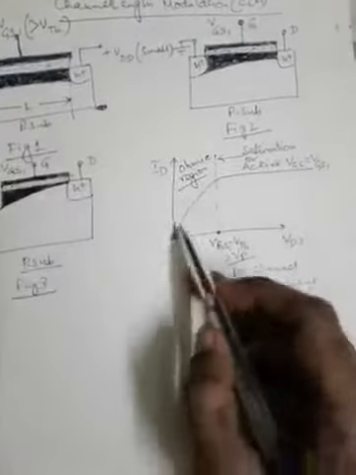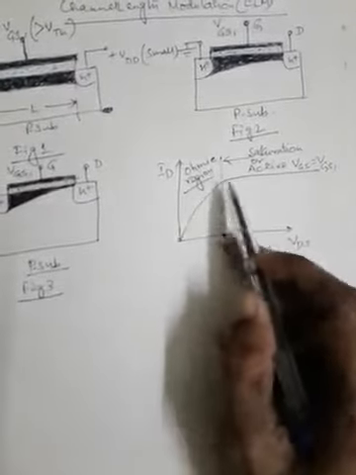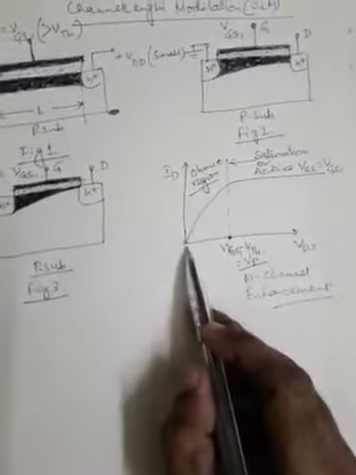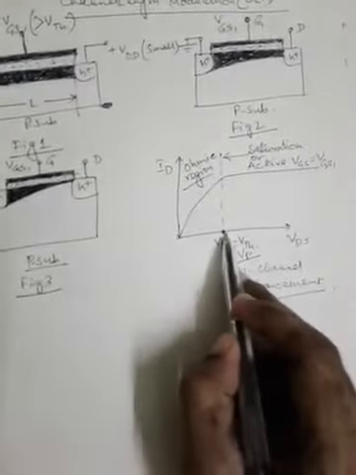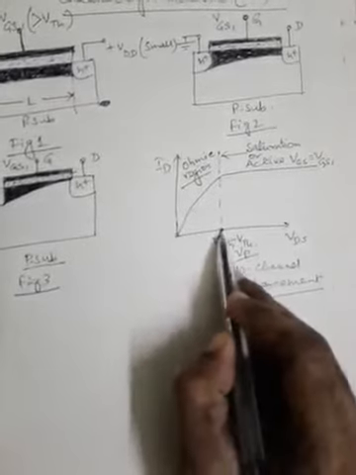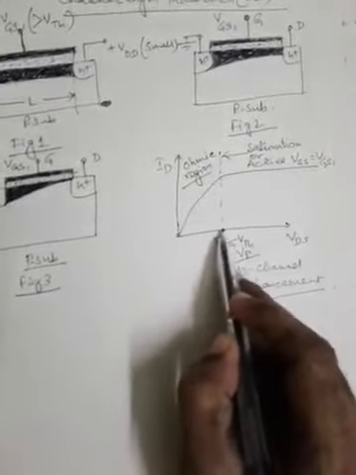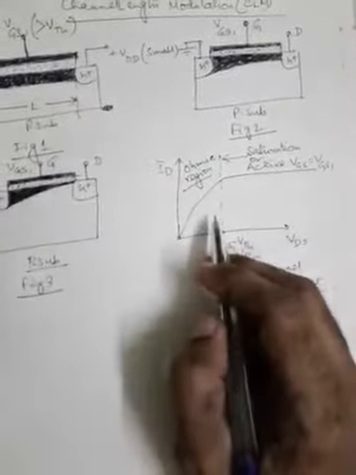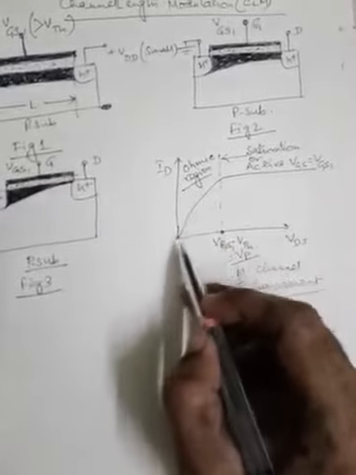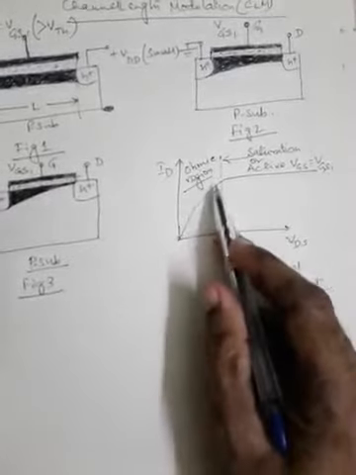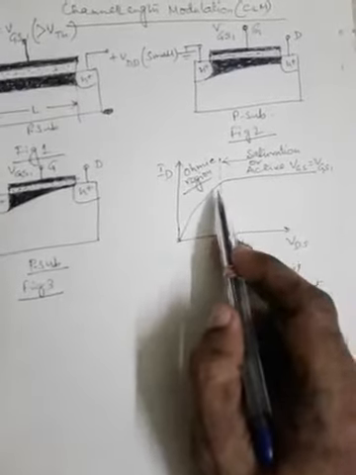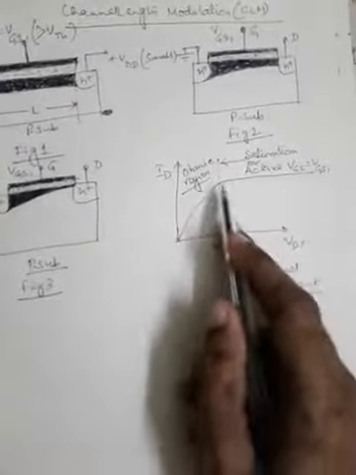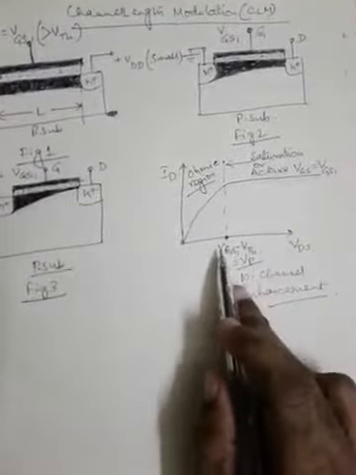Within the ohmic region of operation, when VDS is initially at a small value, that means from 0 to VP, the MOSFET behaves like a resistor, and the VI characteristics are confined to the ohmic or linear region.